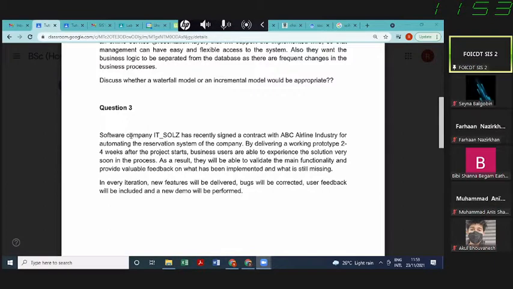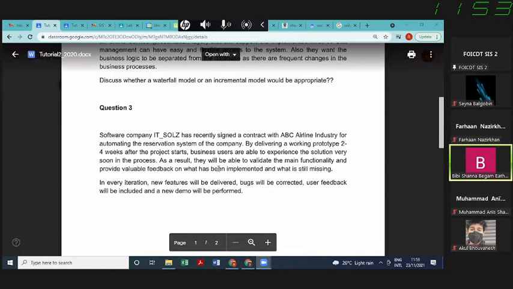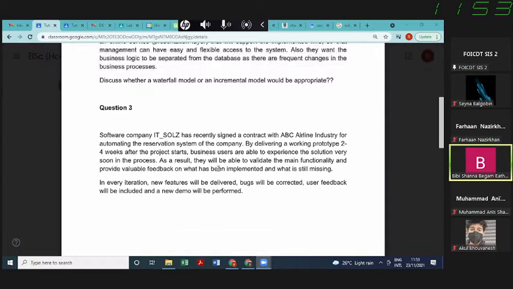This is an early version of the prototype because 2 to 4 weeks, especially for an airline reservation system, is at the very beginning of the project, according to me. Any other question? When can it be said to be not an early stage? For such a project, I think it's a big project because we're talking about automating reservation for the airline industry.